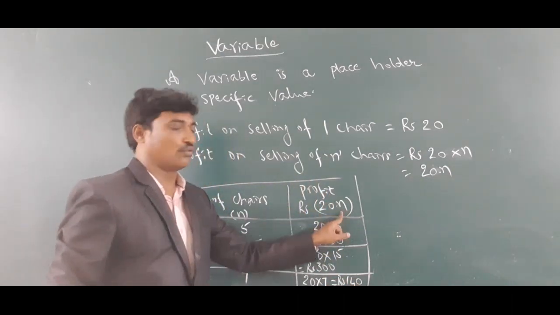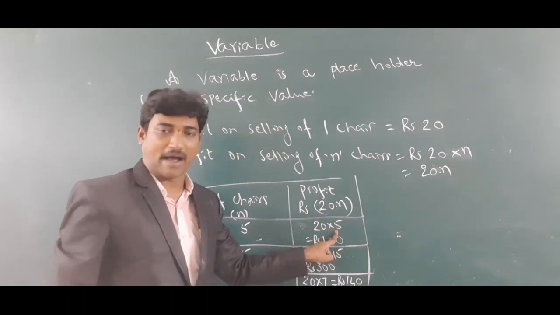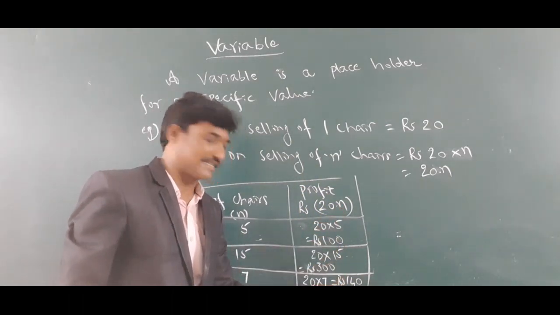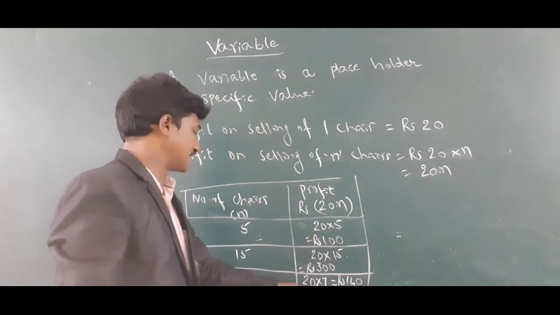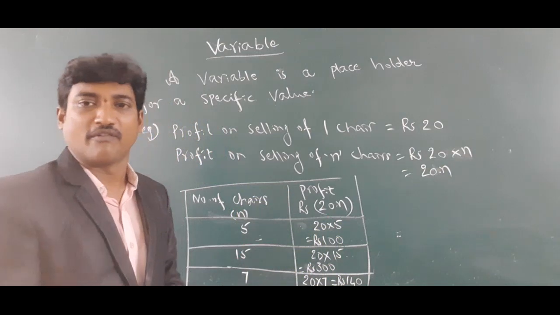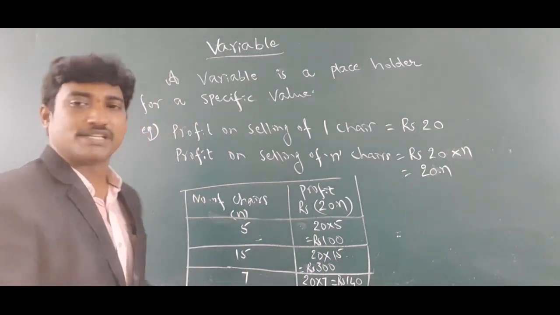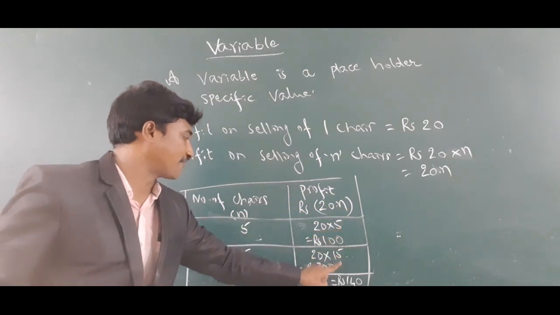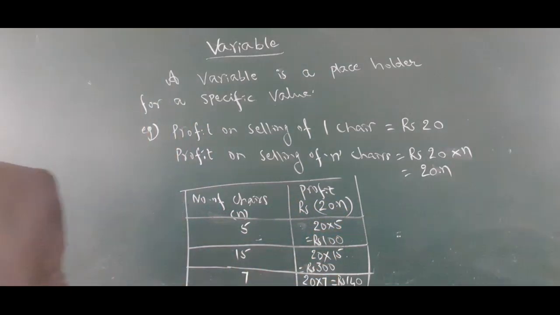Here n value taken 5, here n value 15, here n value substituted 7. So n is taking different values, so here n is a variable. A variable is a placeholder. A variable is a placeholder for a specific value.